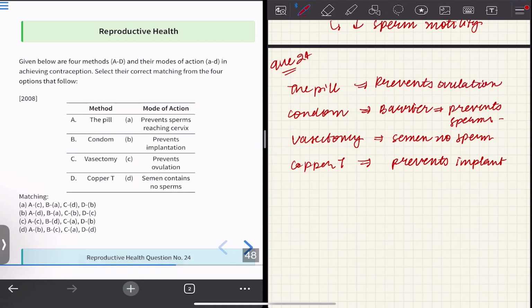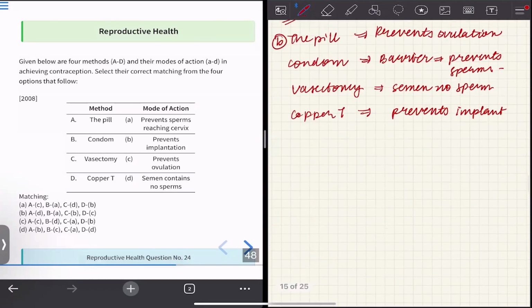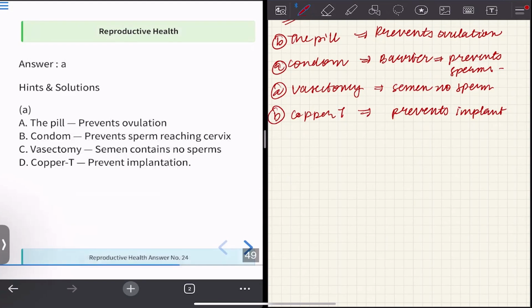So the pill, it prevents ovulation, that is option B. Condom, it prevents sperm from reaching the cervix, which is option A. Vasectomy, in vasectomy we have semen but no sperms, which is option D. It prevents implantation, which is option D. So we have B, A, C, D, which is our option D. Okay, which is option A.